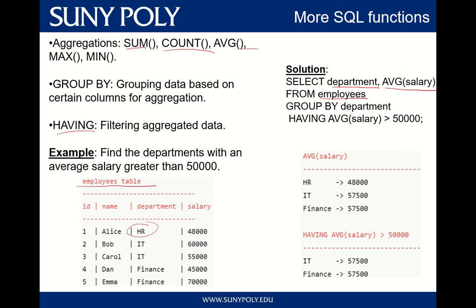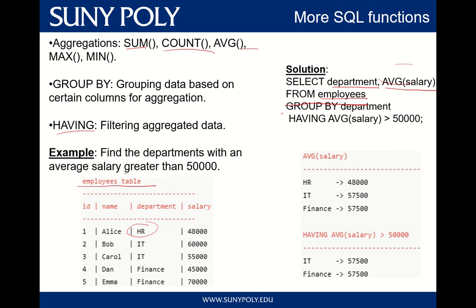Now, remember, if we don't group here, the average salary will be the average salary for the whole table, and you don't want that. What you want to see is the average salary per department. That's why we group by department, to get this metric per department. Now, there is one more condition here. We want to get only the average salaries that are greater than 50,000.